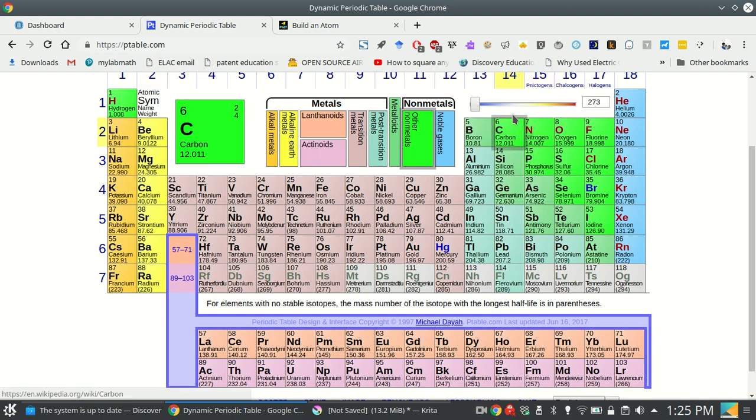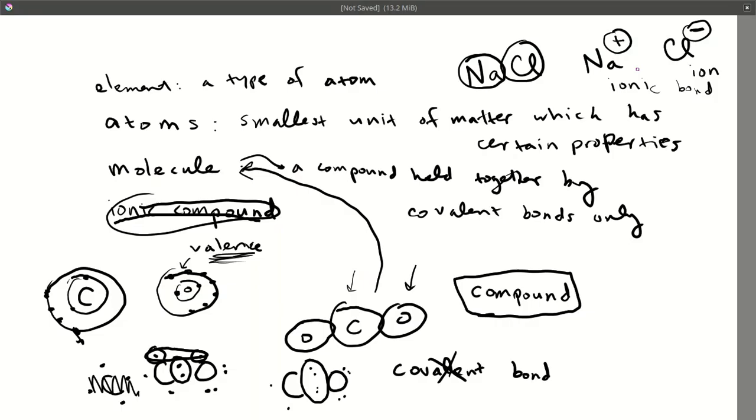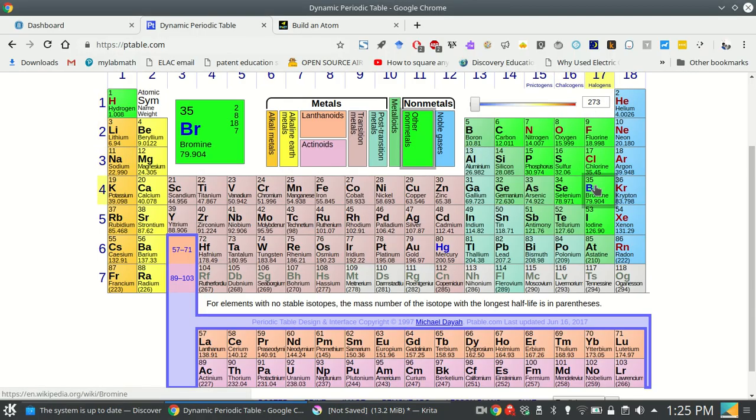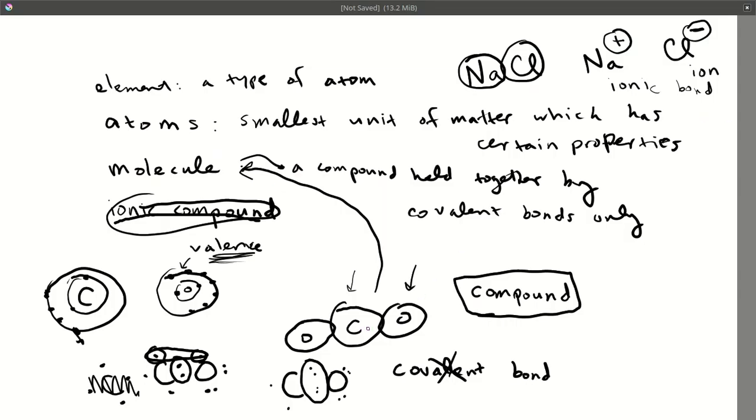So metals and nonmetals make ionic compounds because they form ions. The metals form a positive ion, and the nonmetals form a negative ion. But nonmetals, the green things here, only form covalent bonds with each other, and that makes molecules. So a molecule is a compound held together by covalent bonds. An ionic compound is, obviously, a compound held together by ionic bonds, or plus and minus attractions.